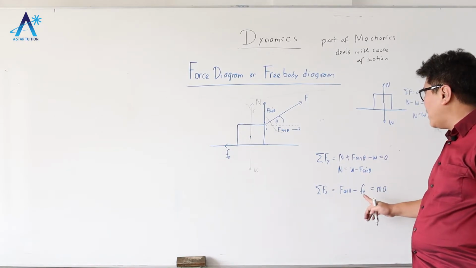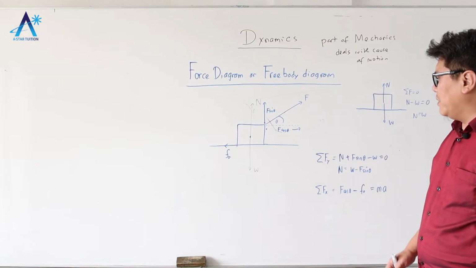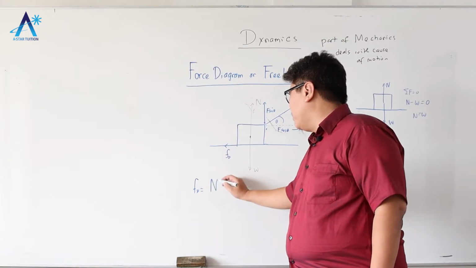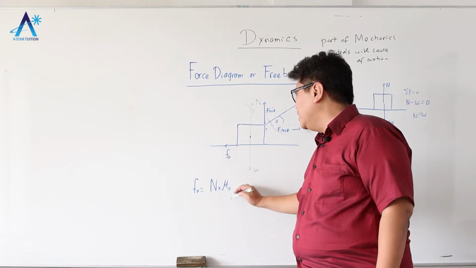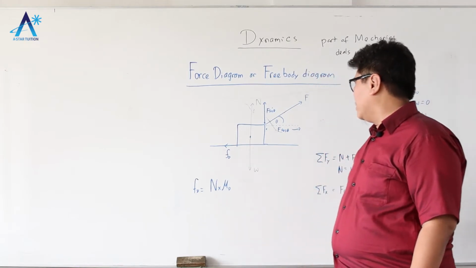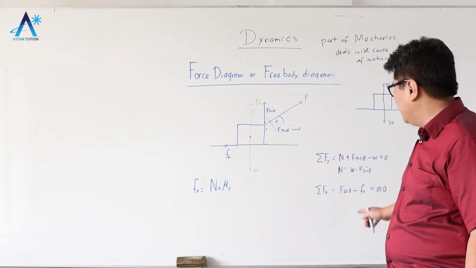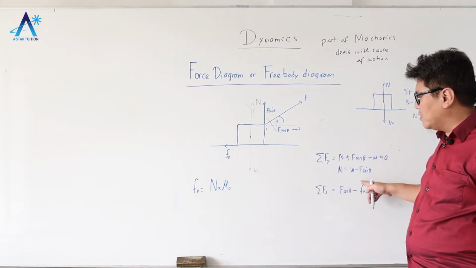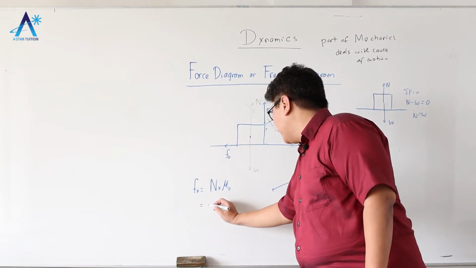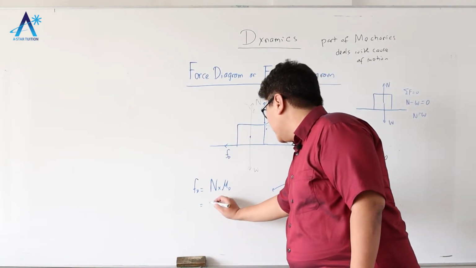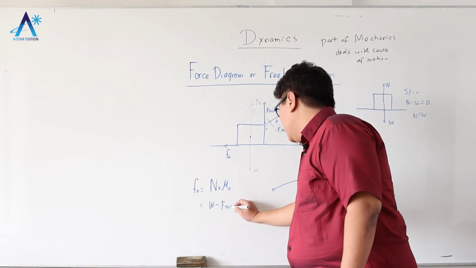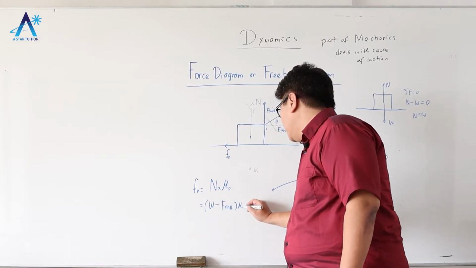Now how do we quantify Fd, the dynamic friction? The dynamic friction is equal to the normal force times mu d. Mu d is usually a quantity that is given. The normal force here is given by what we solved for, so we can substitute the value to find the dynamic friction. So N is weight minus F sine theta, times mu d.